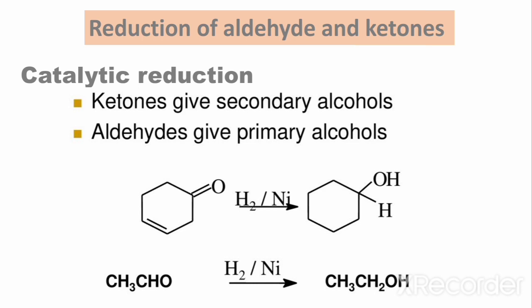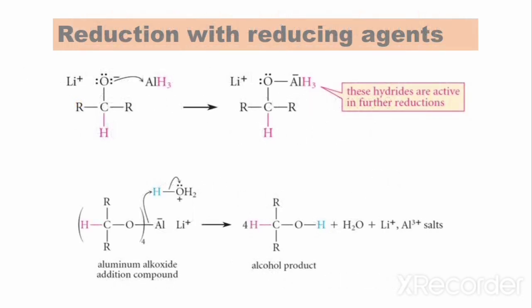In the first example, we will take a compound and it will react with the hydrogen molecule and with the catalyst, that is nickel catalyst, and we have a final product, that is alcohol. When the ketone reacts with the nickel and hydrogen molecule, it will give the secondary alcohol. And the other example is the aldehyde, and the same conditions are provided to it, and we have a final product, that is primary alcohol. And this is the catalytic reduction of aldehydes and ketones.